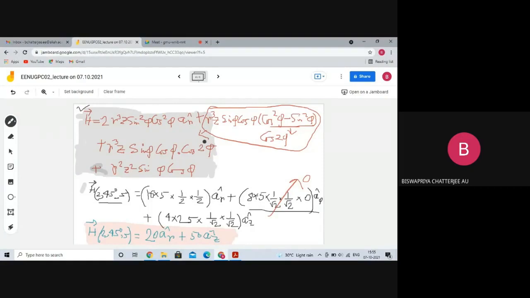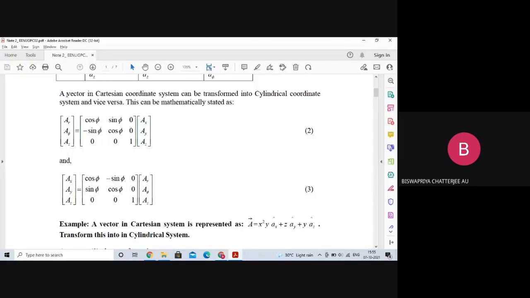Spherical to spherical one is more difficult because, I can show you, to convert cylindrical to Cartesian or vice versa, only cos phi and sin phi will be there.